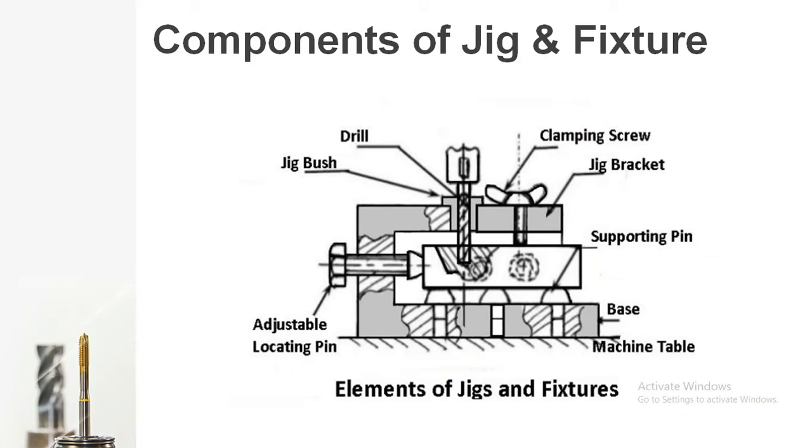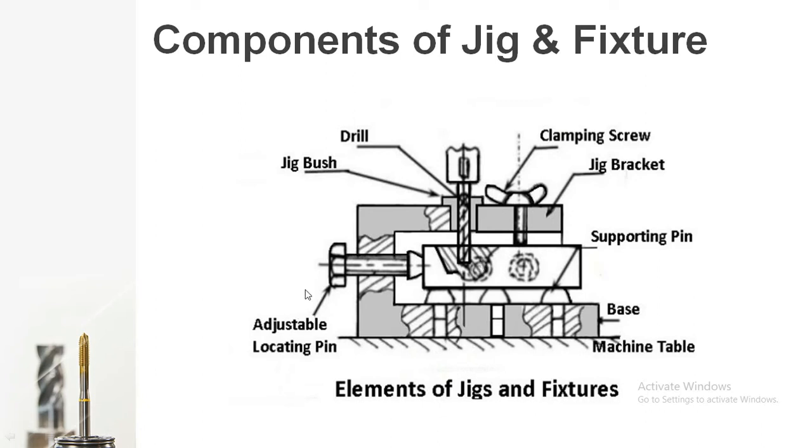Now coming to the next slide, what are the components of a jig? You can see the components of a jig and fixture. There is a jig bracket, there is a clamping screw which is placed from the upper side. You can clearly see here that a jig consists of a plate and a jig bush, through which your drilling tool will guide and machine the workpiece placed at the bottom at a proper and desired location.